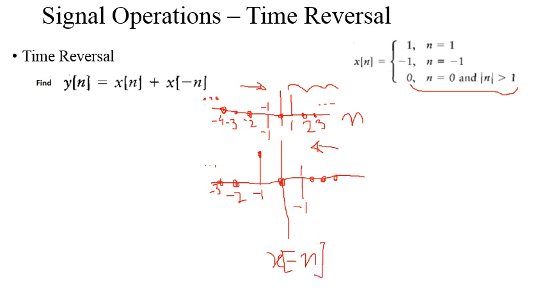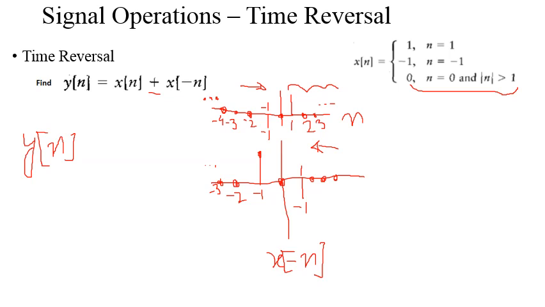Okay, now you have two signals, x of n and x of -n, and you know that y of n equals the summation of the two, right? So you understand. Now this second operation is an operation on the dependent variable, right?